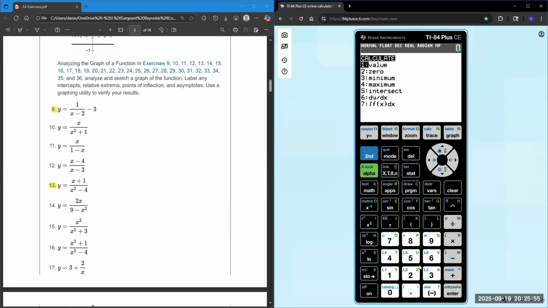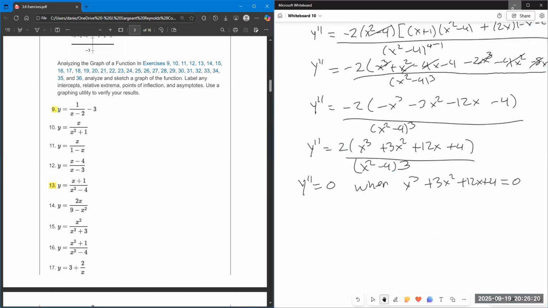Second calc, 0. And I can't read that. My answer for x is about negative 0.36. So point of inflection when x is about negative 0.36.